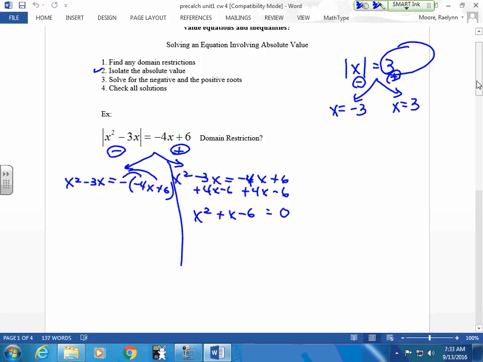Just watch this negative sign. We do a lot of factoring here because we're always finding roots and solutions and everything else. So you're going to factor.